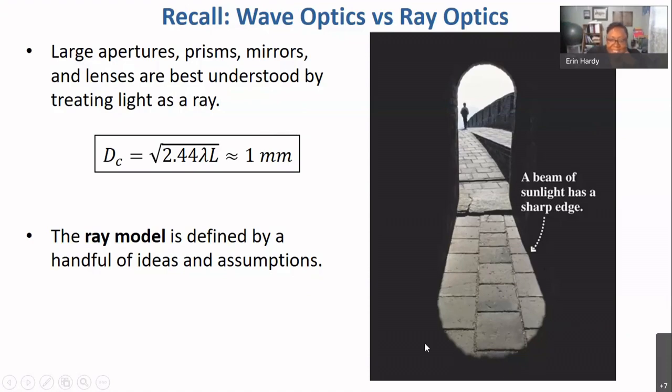In other words, we don't see any rings surrounding this bright spot that's projected onto the floor of this room. We don't see bright fringes or dark fringes. We just see a well-defined line where the light rays coming from outside are either making it through the door or they aren't.